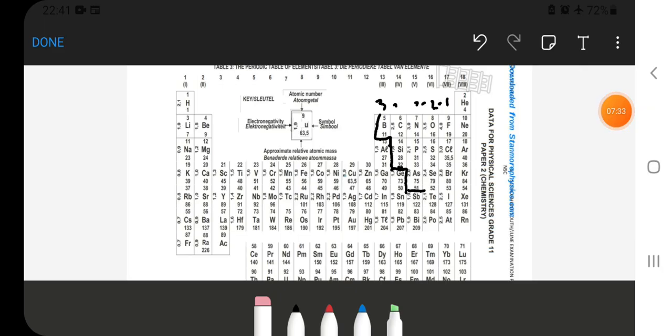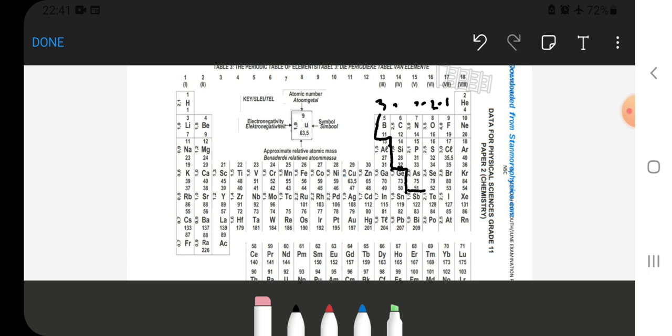So what you have to know is that all metals lose their valency electrons, but non-metals gain valency electrons. Non-metals gain valency electrons from metals.